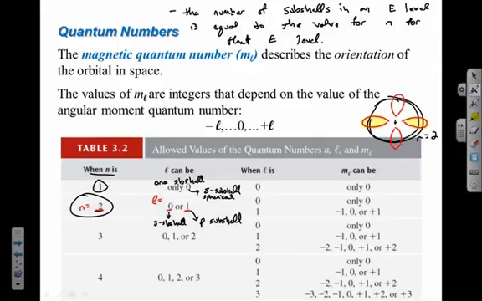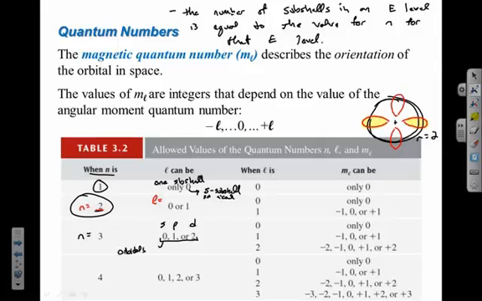So when I get to n equals 3, now I have more possibilities. In n equals 3, now I have 3 floors. So this is a building with 3 stories. There's an S subshell, there's a P, and there's a D. Again, the S subshell is spherical, and it has one room, one orbital.